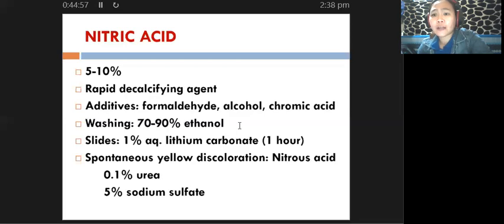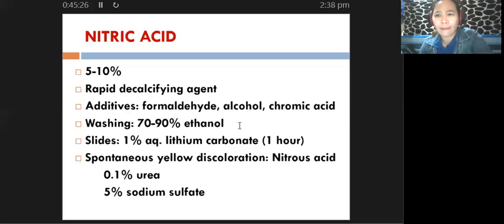As for the preparation of your nitric acid, always use a fresh stock solution. Why? Because old nitric acid is even more damaging. Puro ka damage, ma'am. Oo, kasi ganun talaga dito sa decalcification, guys. In decalcification, puro damage talaga. In fixation, puro penetration naman.